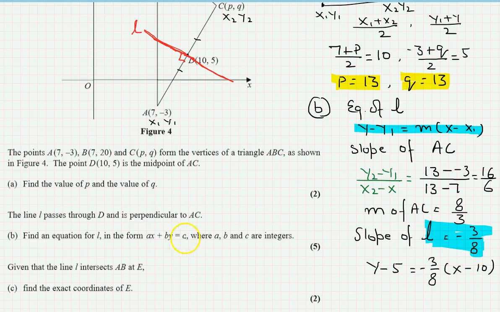We have to write it in the form ax plus by plus c. So 8y minus 40 is equal to minus 3x plus 30. So 8y plus 3x is equal to 70.